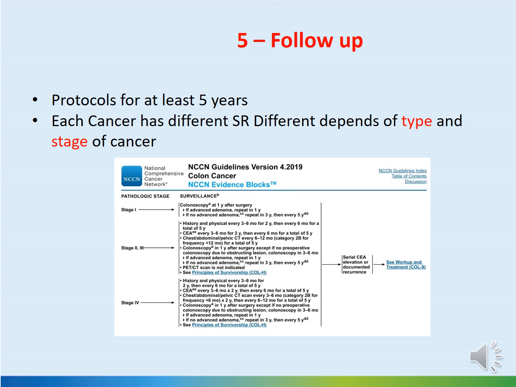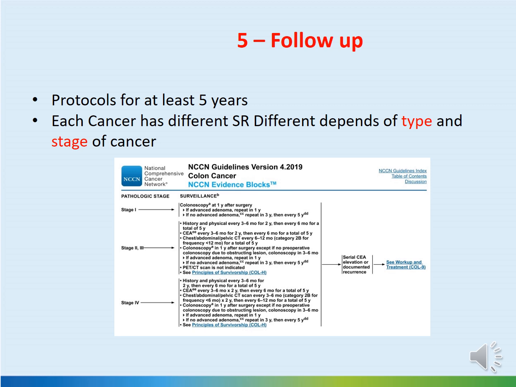For the follow-up, which is the last responsibility of the surgeon, we talked about the types of surgical procedures that can be done in cancer, and the other responsibilities: the screening, the diagnosis, the multidisciplinary team, and the follow-up.